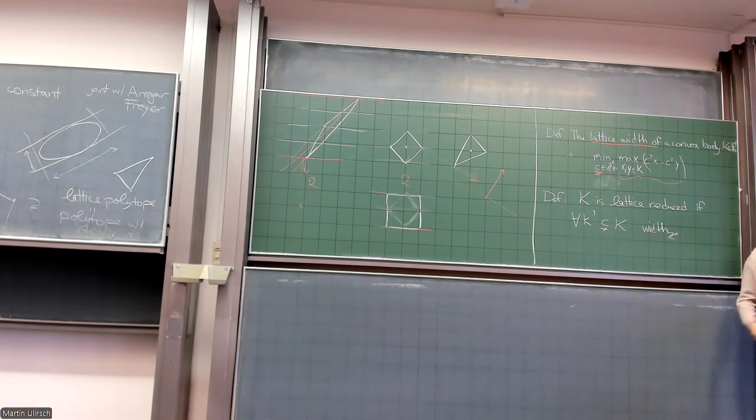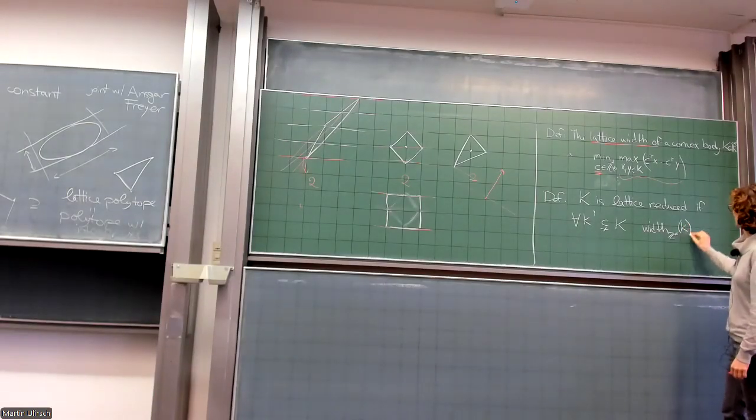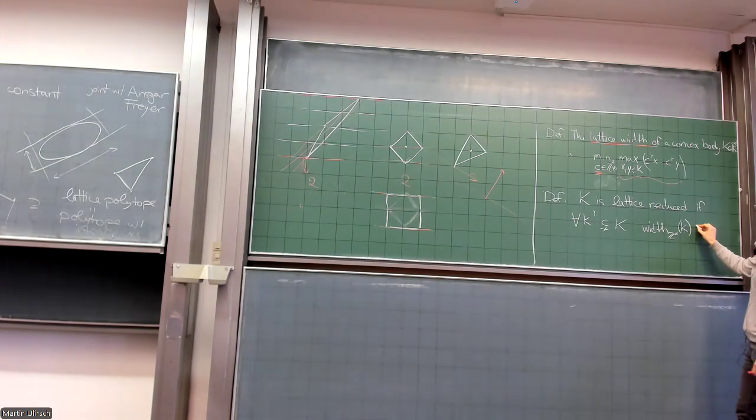I might also say width instead of lattice width, but I usually just mean the lattice width. If the width of K is strictly larger than the width of K prime.